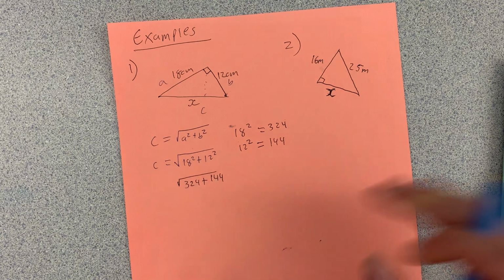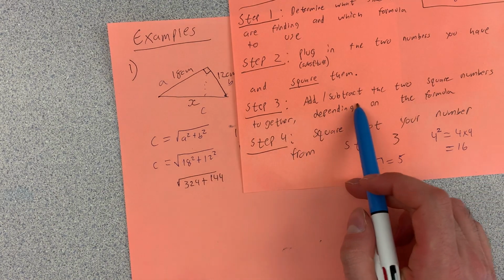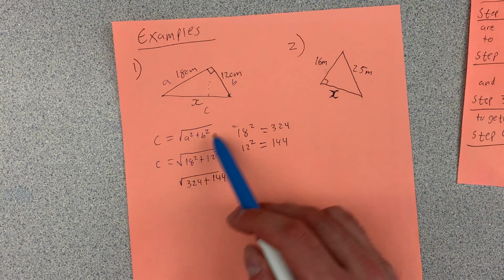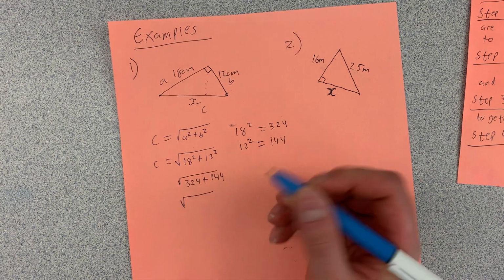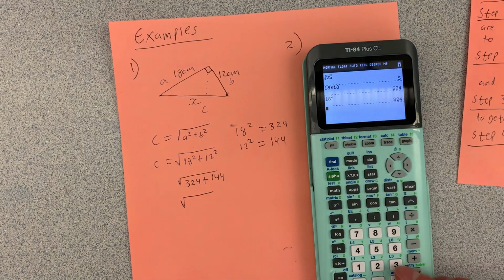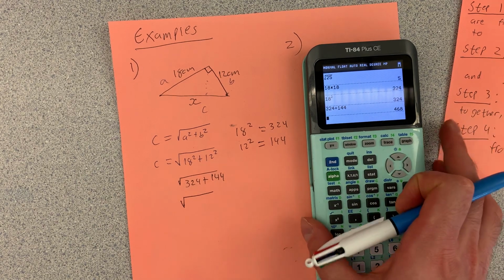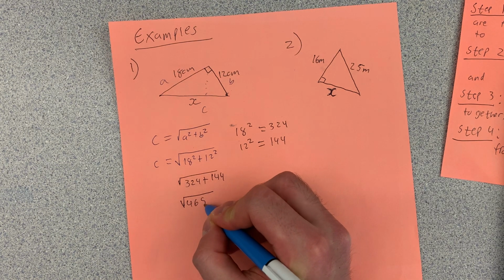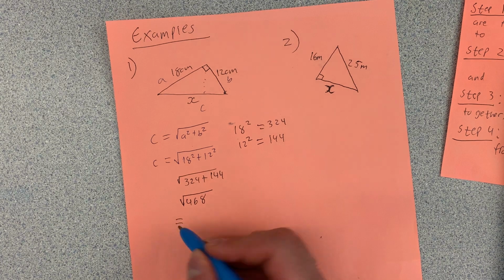Now for the next step here, step 3, we're going to have to either add those two numbers or subtract them. And since I'm using that first formula here, I'm going to add the two. And I'm just going to keep them under the square root like that. So 324 plus 144, I get 468. And now for the last thing, I have to find the square root of 468.